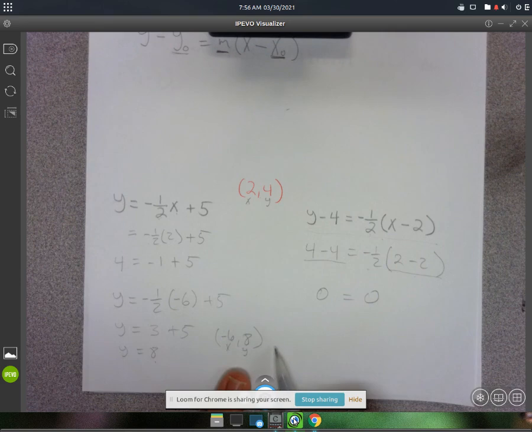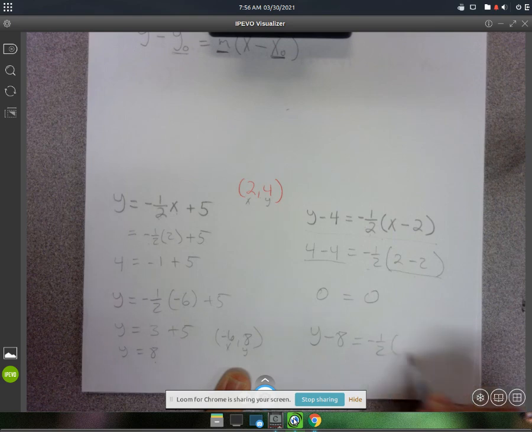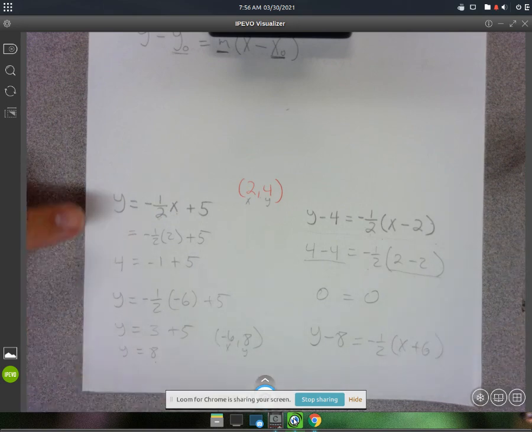But now I can go over here on my point slope form side, and I can just create another equation. It's not that bad. We'll do more of these examples later. And then x plus 6. See, this equation and this equation and this equation are actually all equivalent. They may look completely different, but they will all operate and they will all balance the same.